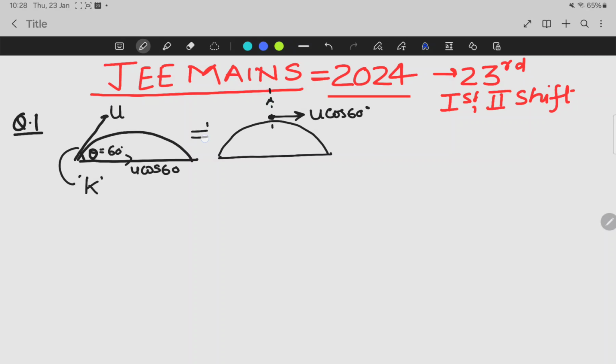So the kinetic energy you have to calculate, kinetic energy will be half m u square, correct? They have given this kinetic energy as K.